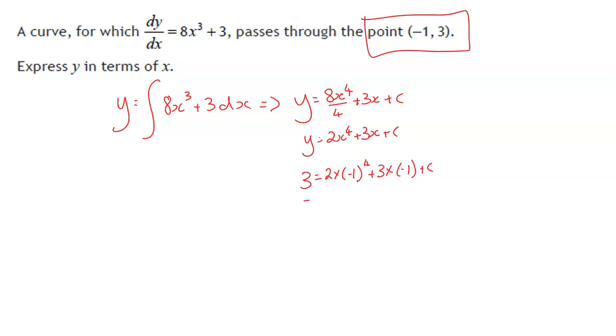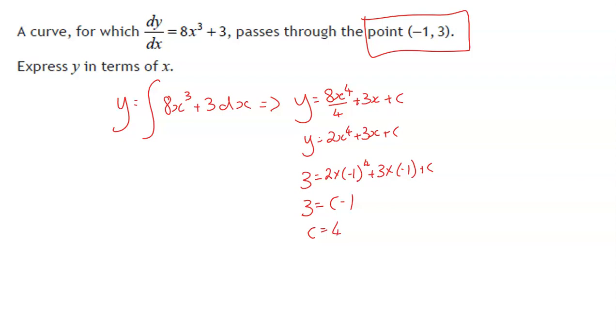So starting to simplify numbers, -1 to the power of 4 is just 1, plus 2 times 1, which is 2. 3 times -1 is -3, so that's 2 take away 3, which is -1. So I know then that 3 is equal to c minus 1. So if I solve that simple equation, I then get that c is equal to 4.